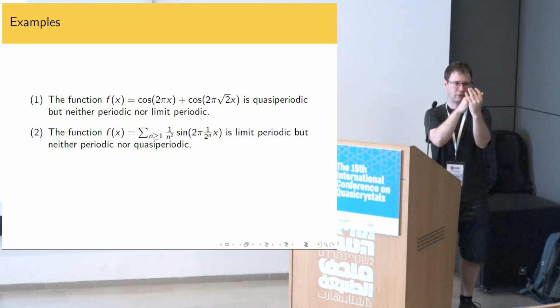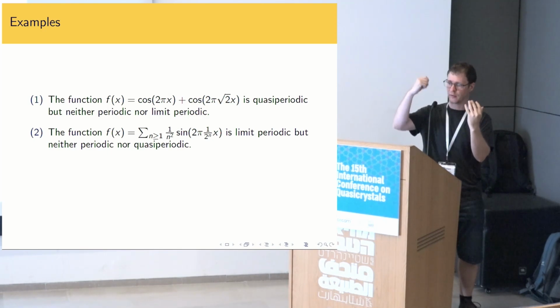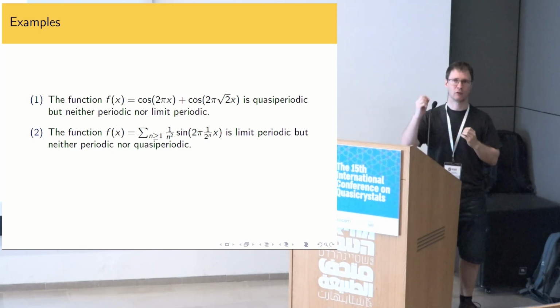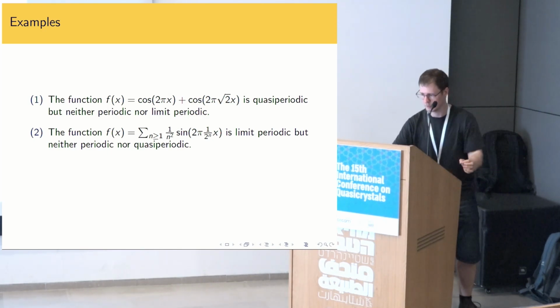I can't find a linear combination with integer coefficients of those finitely many to get the value 1 divided by 2 to the n for a specific n. It doesn't work in all cases. So limit periodic, but not periodic and not quasi-periodic.